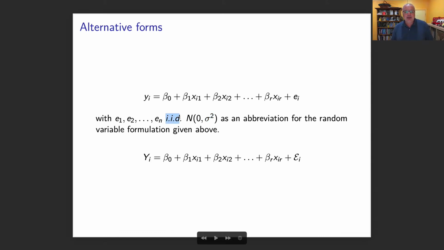To remind you, IID means independent and identically distributed. So each of these is independent of one another, that is, there's no relationship between them. They all have the same distribution, which is normal with a mean of 0 and a variance of sigma squared. So this is our model in terms of our random variable yi and our random variable e.